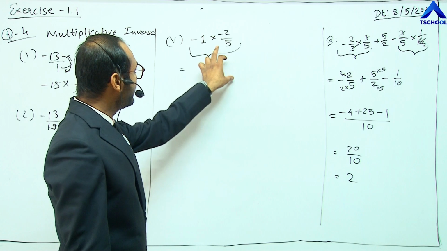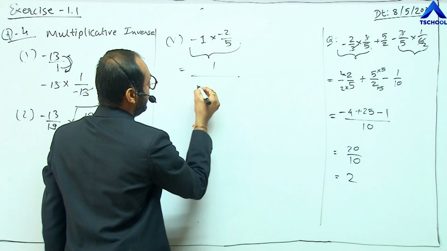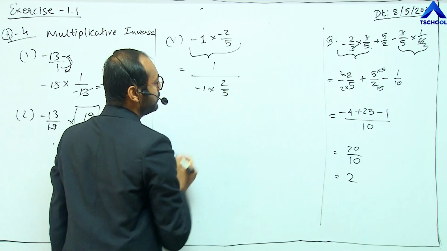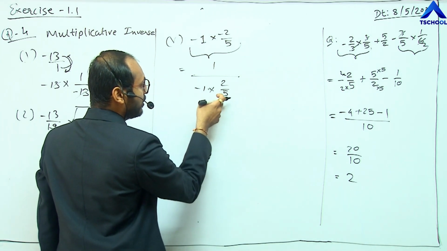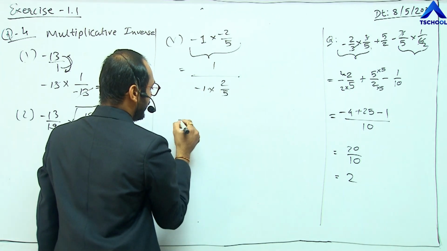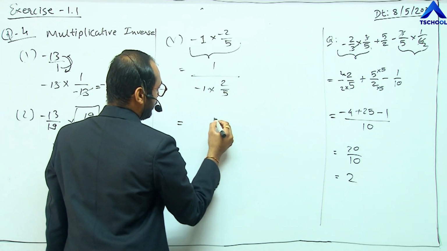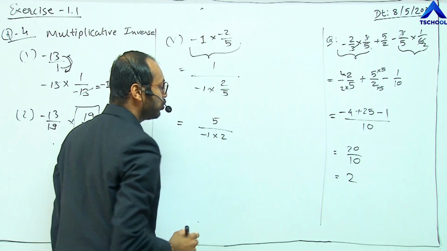So what is the reciprocal of this? 1 upon minus 1 into 2 by 5. Now here 5 is in the denominator, so it goes in the numerator. What happened here? 5 upon minus 1 into 2.